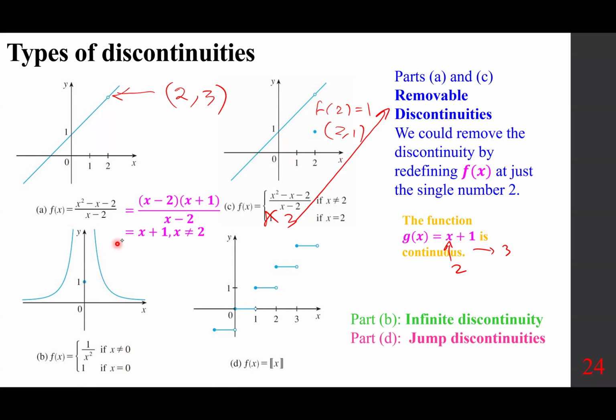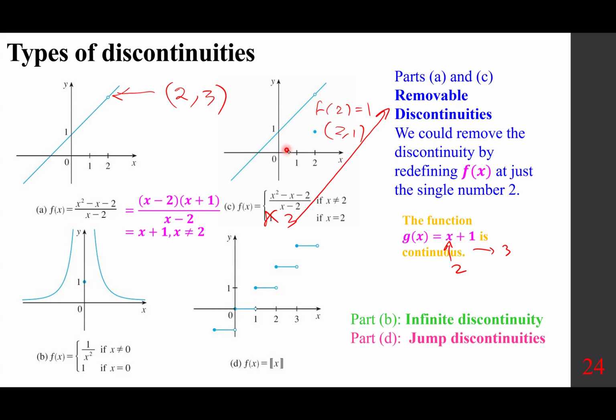There is nothing you can do to fix it. This one is called the jump. This is the greatest integer function. And there are, in fact, infinitely many jumps, and there is nothing we can do to fix it. So the only ones that are removable are those two.